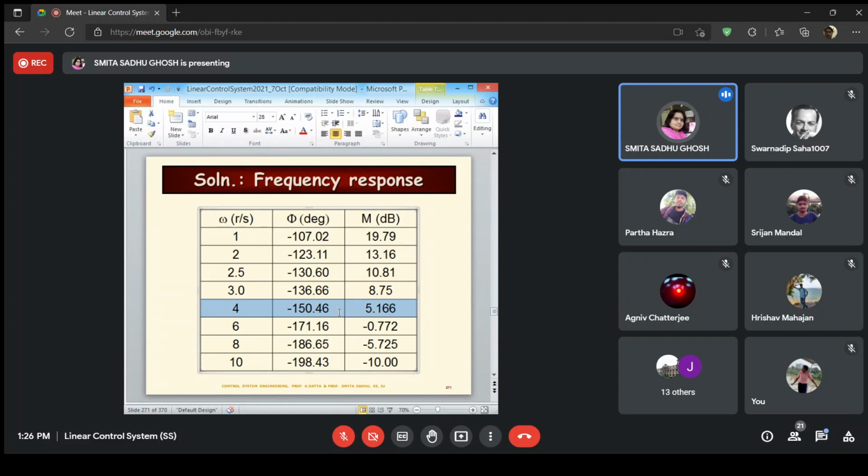You've possibly calculated one step further, I think. How much should be the phase value at 4 radians per second, if I want the desired gain crossover frequency at 4 radians per second? And sorry, if I want a 45 degree phase margin, how much should be the phase value at that particular frequency?